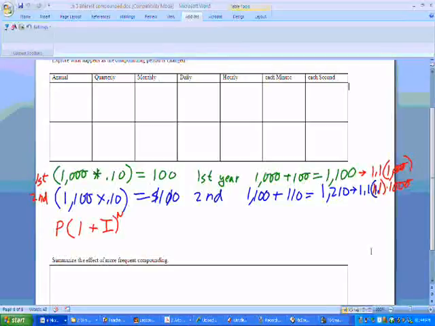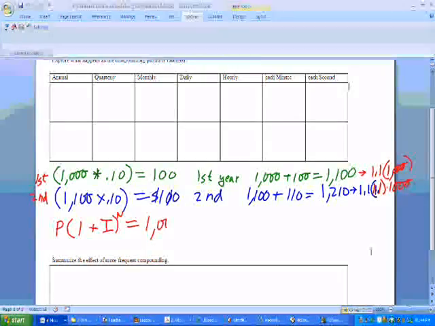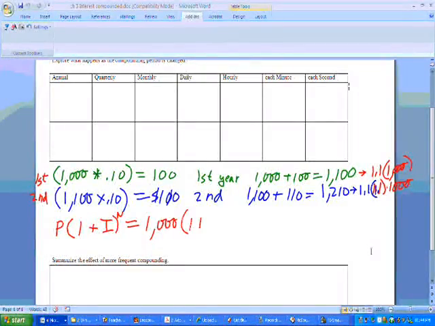So this would be the principal times 1 plus the interest rate, all raised to the number of years that you're going to compound this. So in this case, it would be $1,000 times 1 plus 0.1 raised to 10.